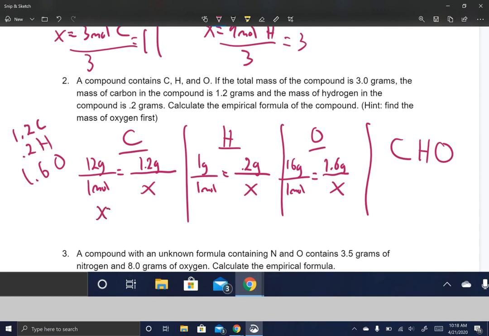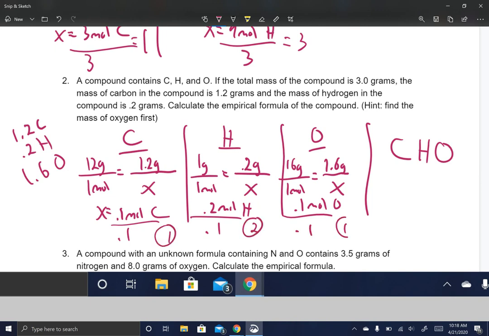We get 0.1 moles of carbon, 0.2 moles of hydrogen, and 0.1 moles of oxygen. So 0.1 is the lowest number. Divide by 0.1, divide by 0.1, divide by 0.1. I get 1 carbon, 2 hydrogens, and 1 oxygen. So it's CH2O. That's the empirical formula, because the ratio is 1 to 2 to 1.